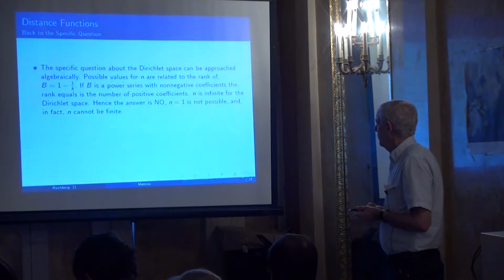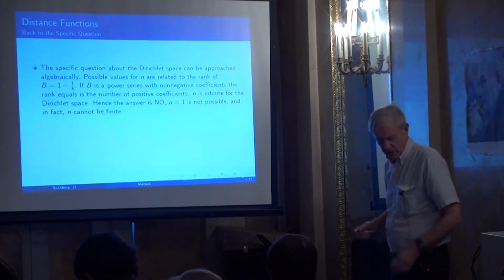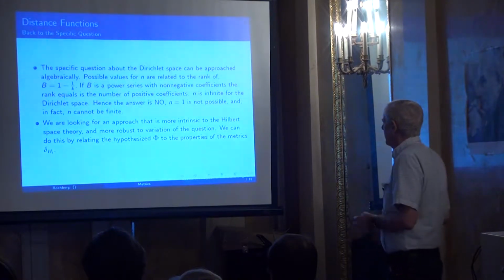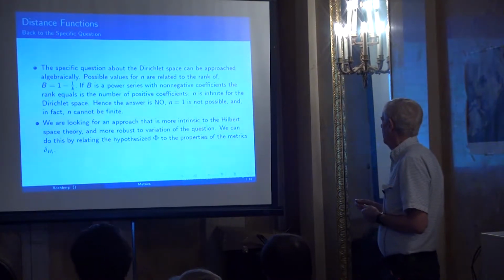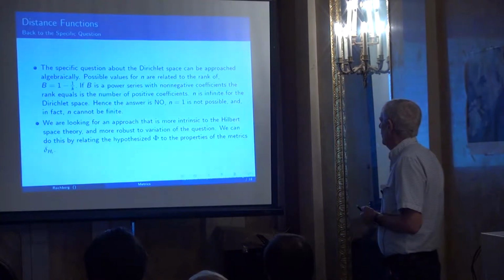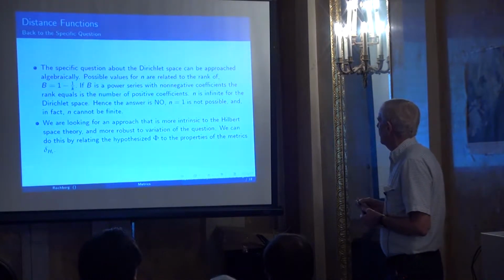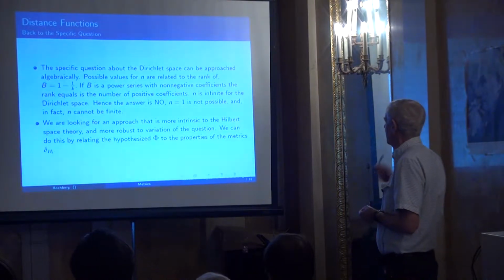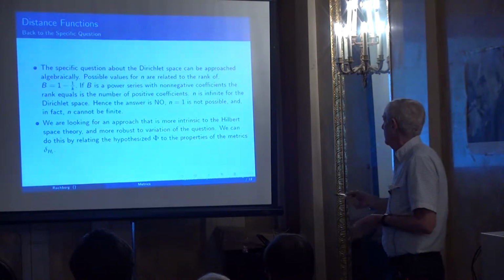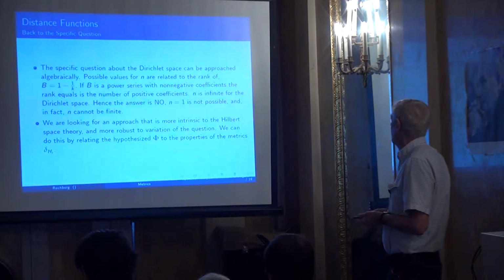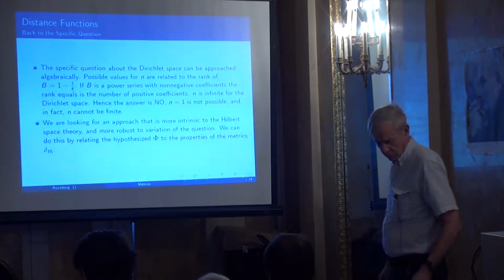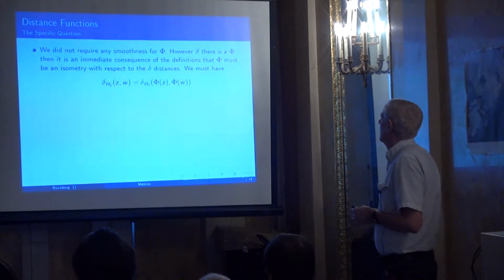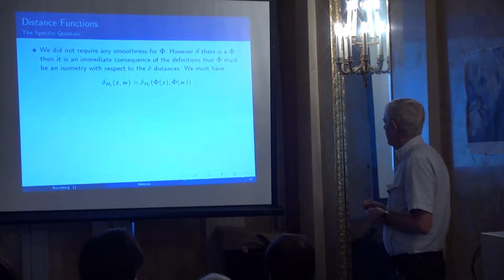But what I want to do is find an argument for that that's more intrinsic to the Hilbert space theory, perhaps, and more robust to variations on the question. For example, where I could answer the question without having to find the explicit diagonalization of b, which is what I'm doing with the power series. So we're now going back to the original question.